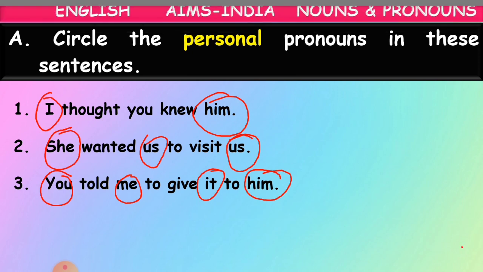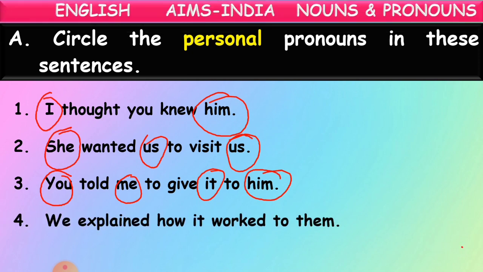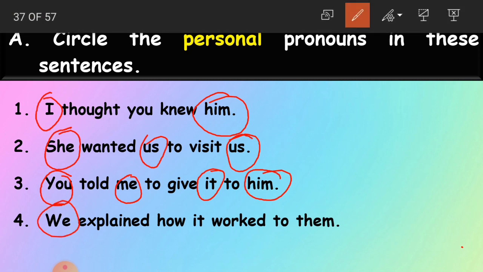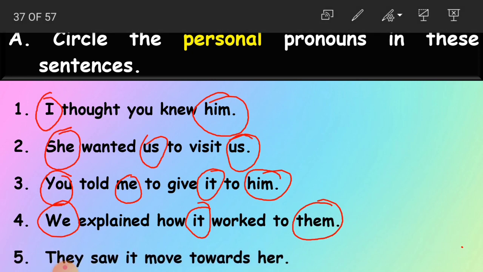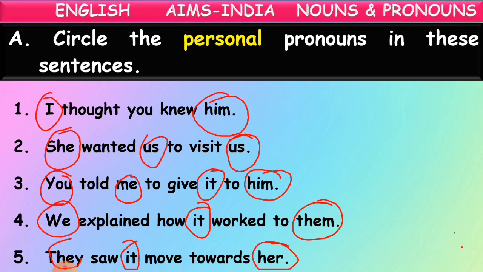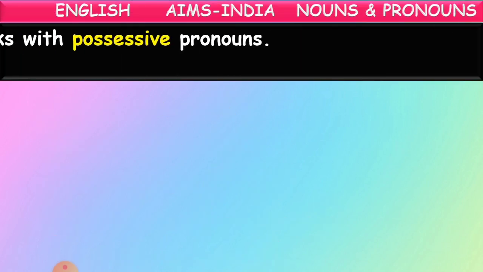And the fourth sentence: we explained how it worked to them. We is a personal pronoun. And the fifth sentence: they saw it move towards her. So these are all our personal pronouns. Clear, children? Now we'll move on to the other exercise.